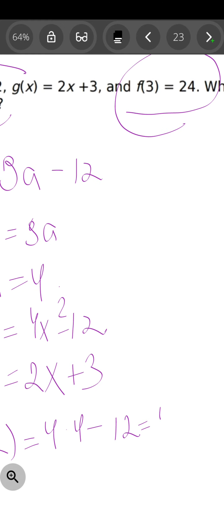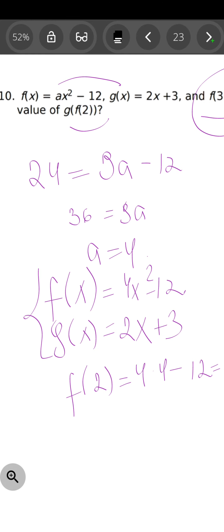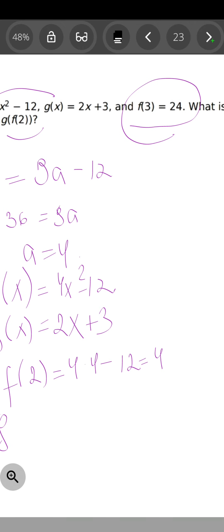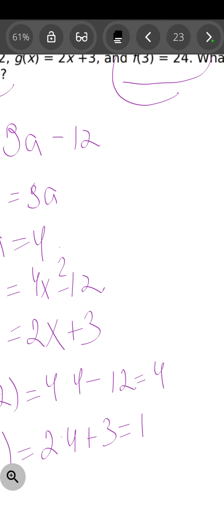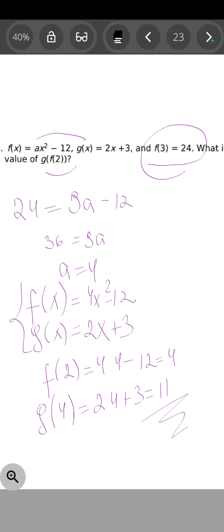That is equal to 4. And the value of the function g if x is equal to 4 will be 2 times 4 plus 3, and that is equal to 11. So 11 is the answer to our question.